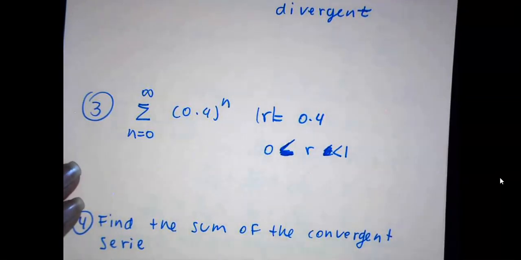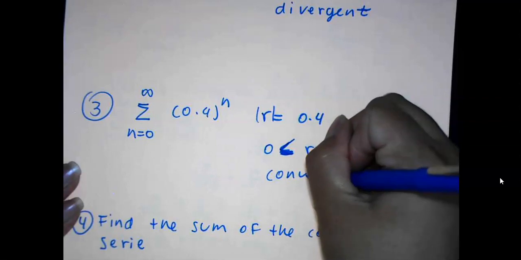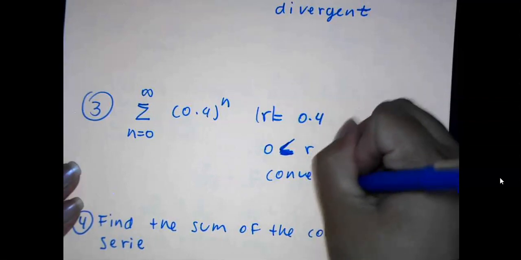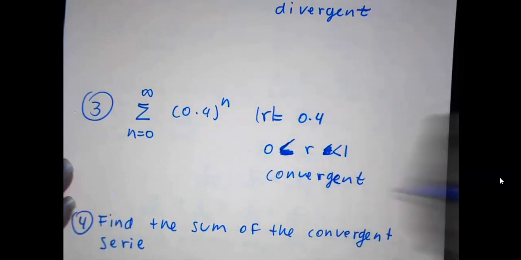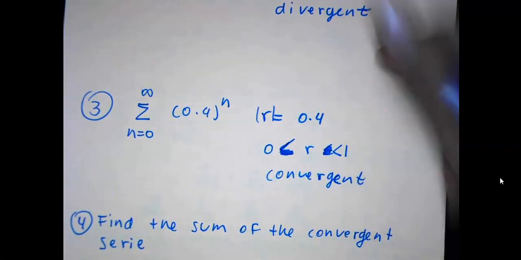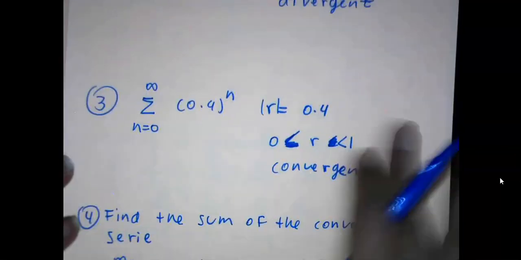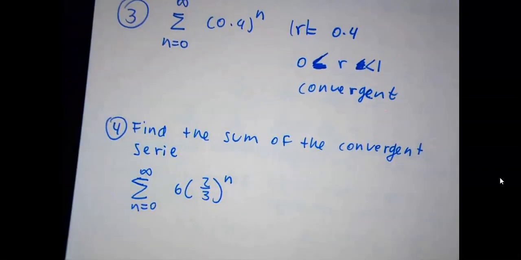Between 0 and 1, so that means we have a convergent series. For questions like these, all you need to tell is if r is greater than 1 or if it's between 0 and 1, and they're asking you to find r.